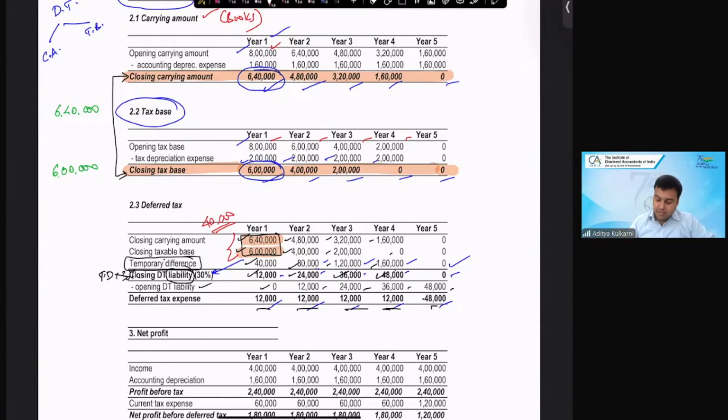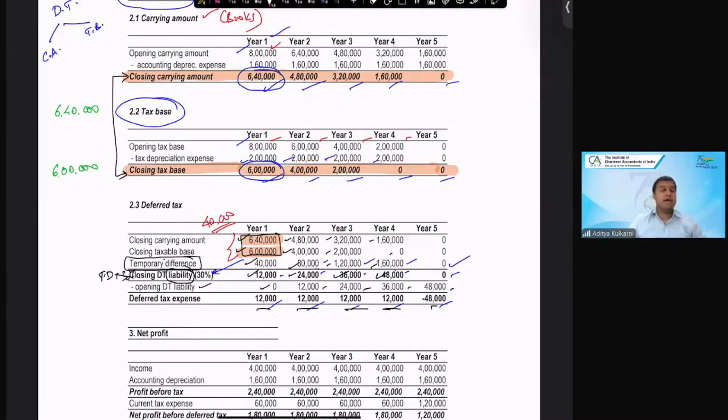This 40,000, you have already enjoyed the benefit of that for tax purposes in year 1. Correct? We are paying less tax today. That means in future, this 40,000, what I have extra taken the benefit of, is your depreciation value. This 40,000 depreciation value which I have enjoyed today is a temporary enjoyment.